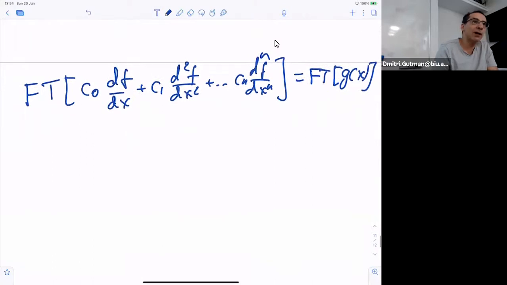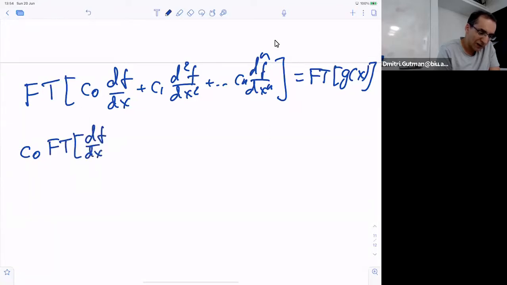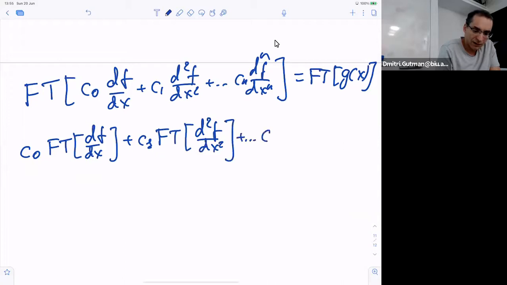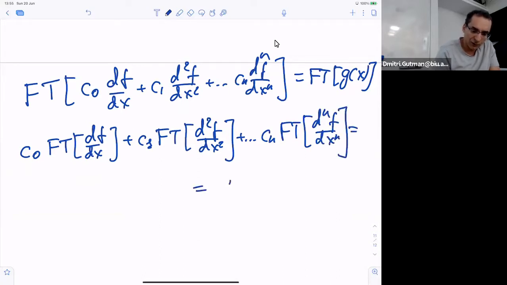But now remember that Fourier transform is a linear operation. So what it implies is that we can write the left-hand side as a Fourier transform of df over dx plus c1 Fourier transform of d2f over dx squared plus cn Fourier transform of dnf over dxn, and it will be equal to the Fourier transform of the right-hand side, which we can call g of k.